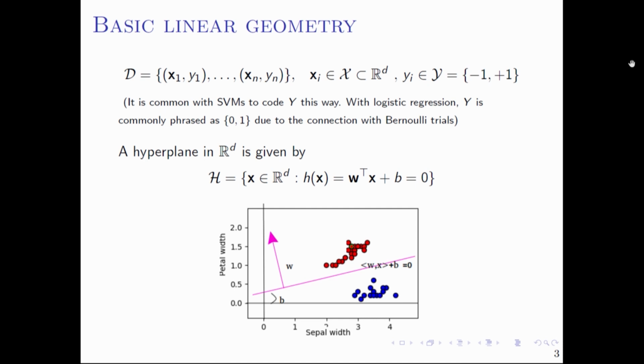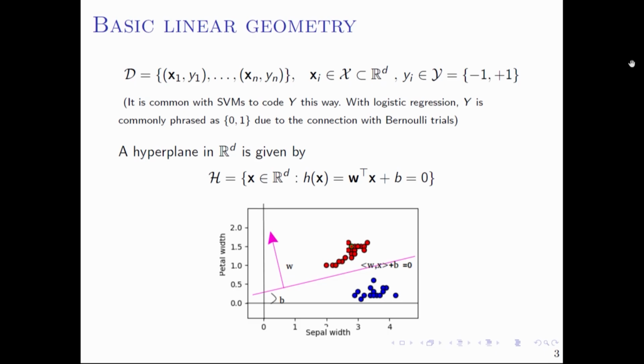And here also we will be learning a linear classifier H, which is a hyperplane defined by W transpose X. Given W, the points X which are on this equation, W transpose X plus B equal to 0, define a hyperplane. And where is the W here? This W is perpendicular to this hyperplane.